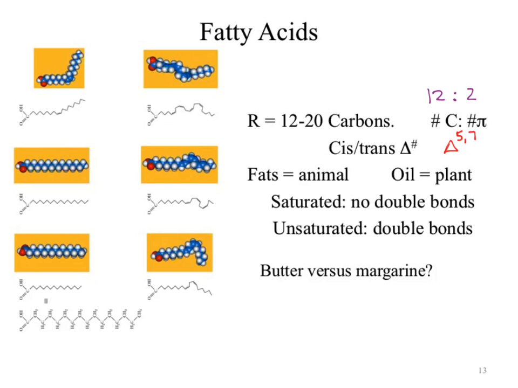Well, if it can't stack as nicely, the intermolecular forces between those are now weaker. With a weaker intermolecular force, it requires less energy to cause the phase transition, which is why our unsaturated fats tend to be more oily, or liquids. And our saturated ones tend to be fats, because they can stack neatly.